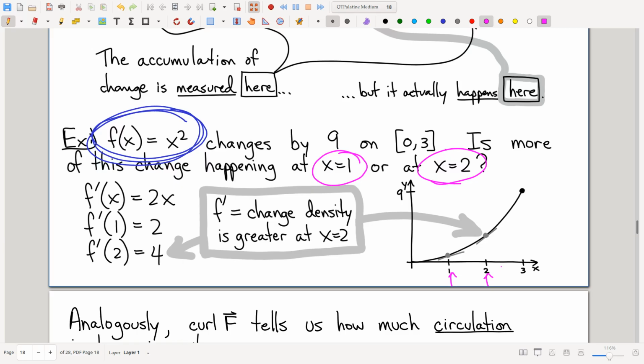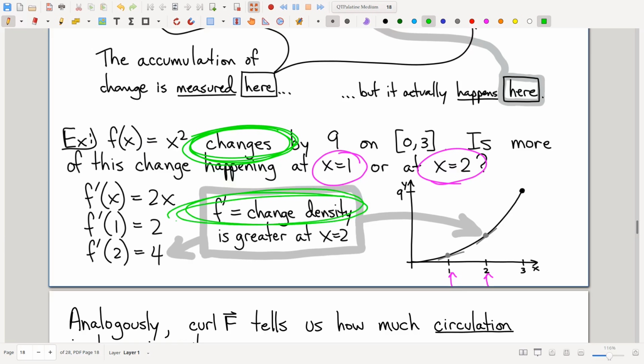One way to think about it, if you want to know how much of an accumulating quantity is happening in one of two different places, is there more here, is there more there, is you look at the corresponding density. Density tells you how much of that stuff is happening near a given point. Well, the change density is the derivative. The derivative is an easy formula.